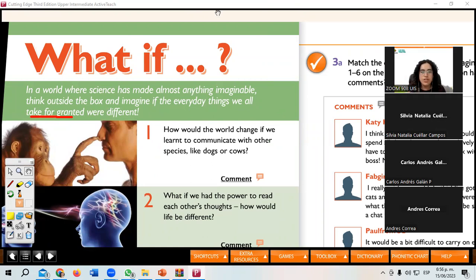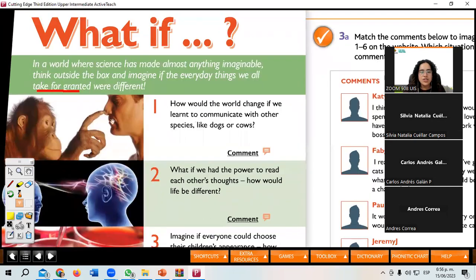Damos estas cosas por sentado, right? We don't think, oh, this could go away any moment. No, we just don't think about it. We take it for granted, okay? So the situation says, imagine if everyday things that you have in your life were different, okay? So we're going to read each situation.